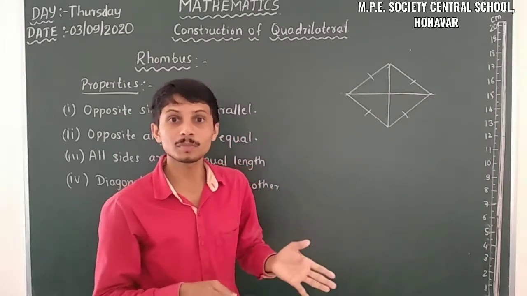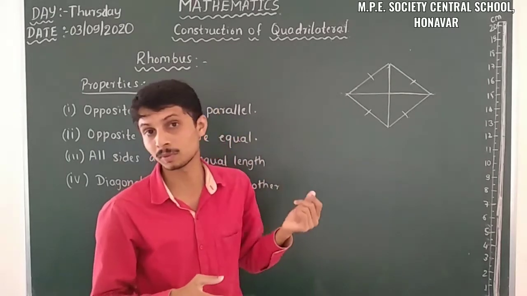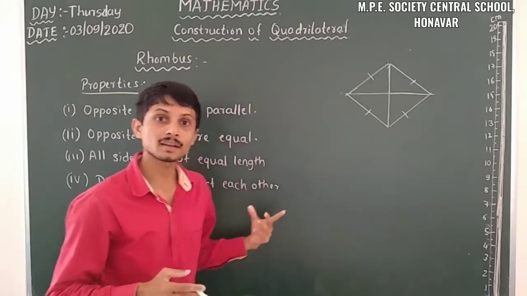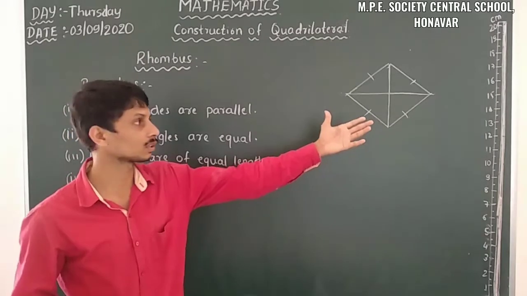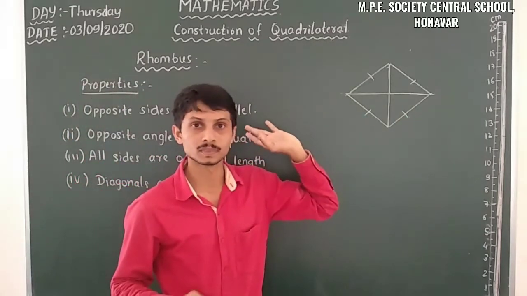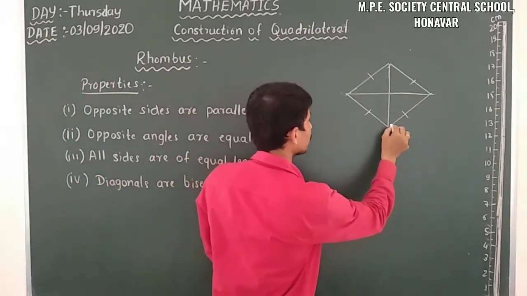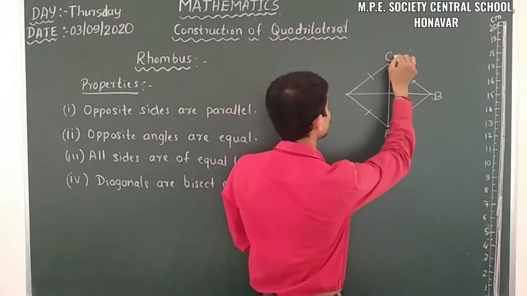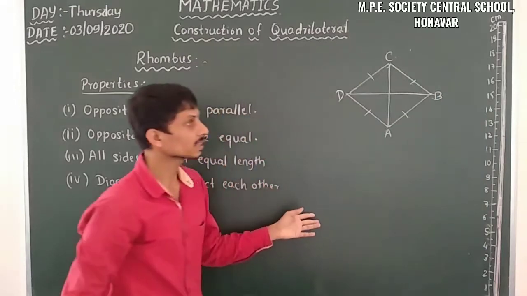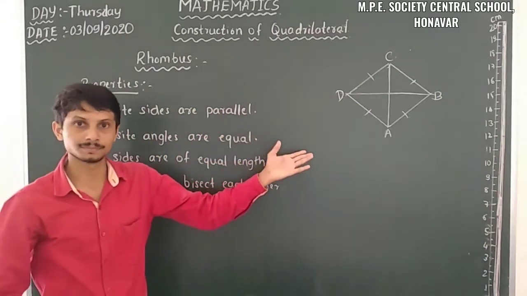Both may be possible. Here the diagonals are perpendicular bisectors of each other. I will label this as A, B, C, D. So it's rhombus ABCD.